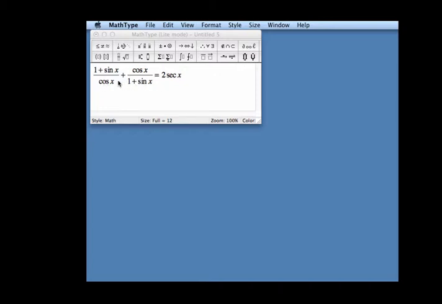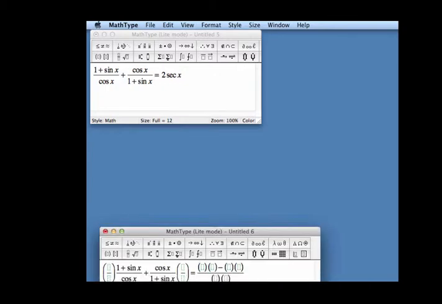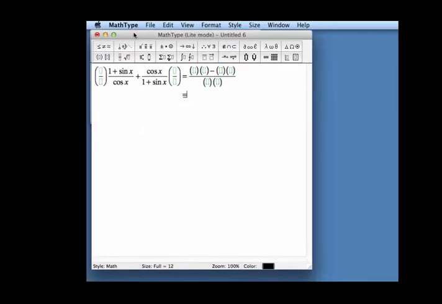And in order to get that, I'll have to take the first fraction and multiply it by the denominator of the second, and take the second fraction and multiply it by the denominator of the first. So let's see what that gives us. This first one needs a factor of 1 plus sine of x on bottom and top.